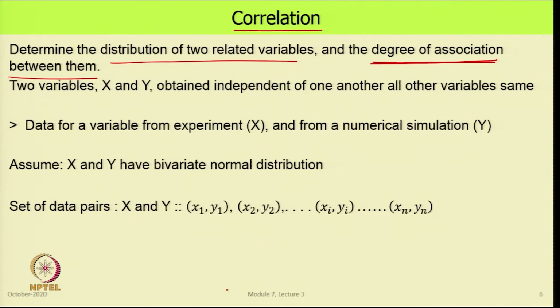But in general, correlations have very large applications in many other fields, and people will try to correlate anything with everything possible. So, what we have is two variables x and y obtained independent of one another by keeping all other variables the same.